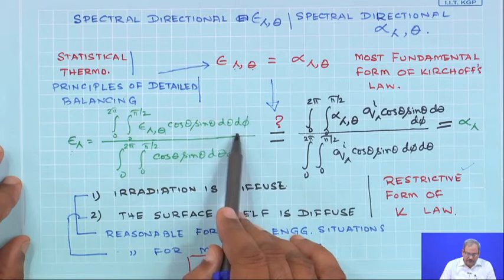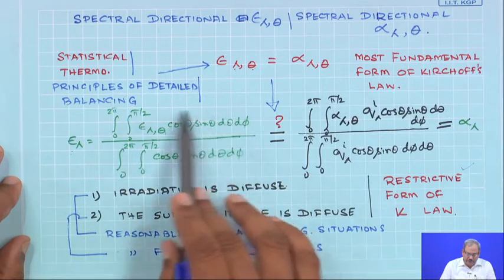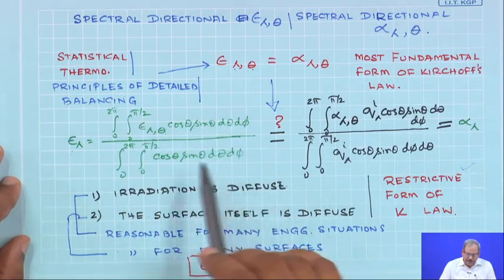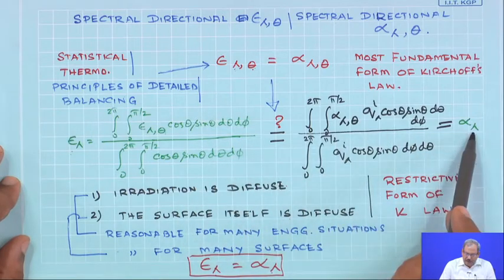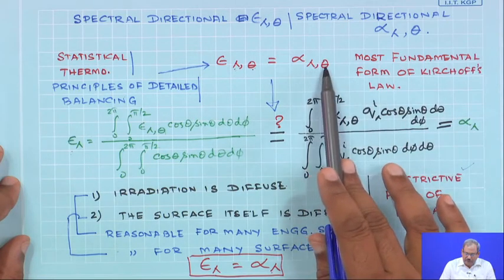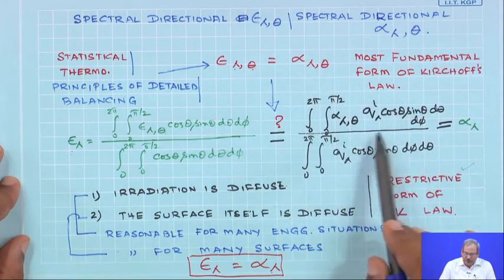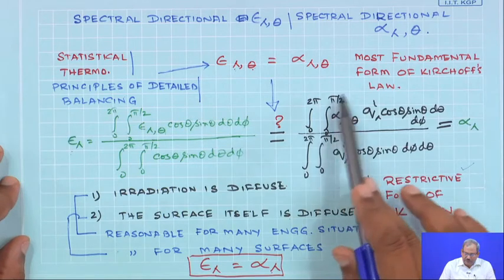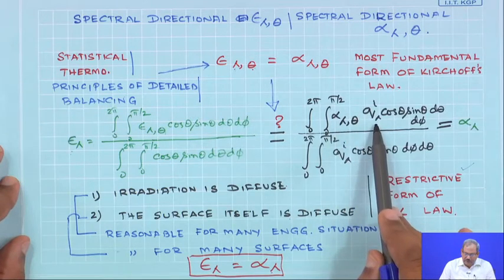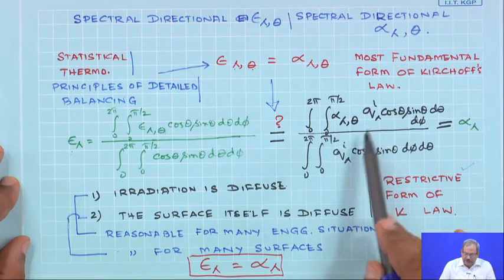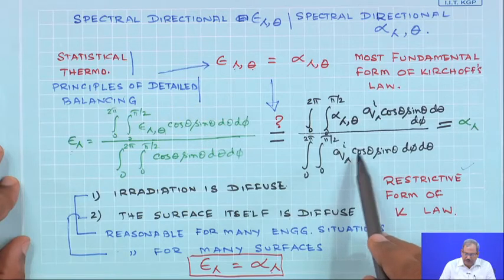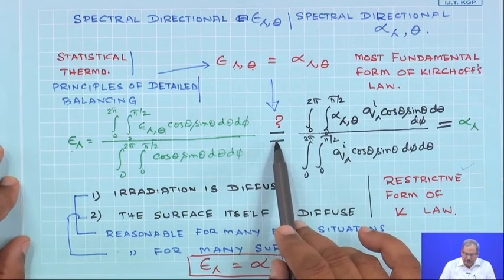And if we would like to find the spectral absorptivity from the spectral directional absorptivity, we have to again integrate it over the space. However, here I am going to have the spectral incident radiation on the object in the numerator as well as in the denominator. So, the question is when these two are going to be equal.